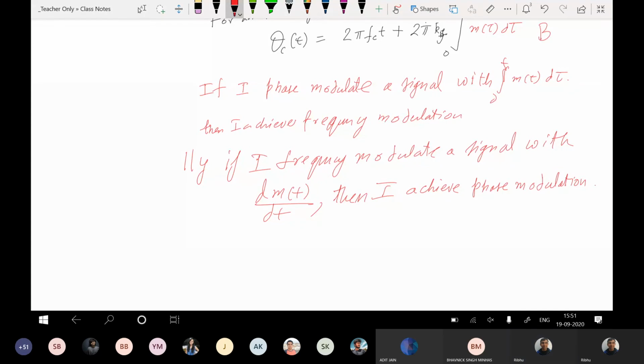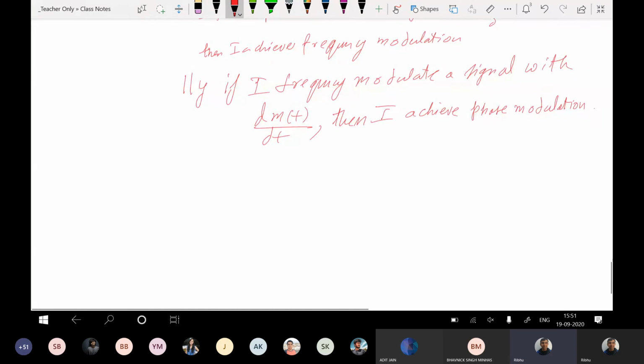Fine. So phase modulation and frequency modulation are actually interchangeable. So now let us look at some properties of phase modulation and of angle modulation in general.